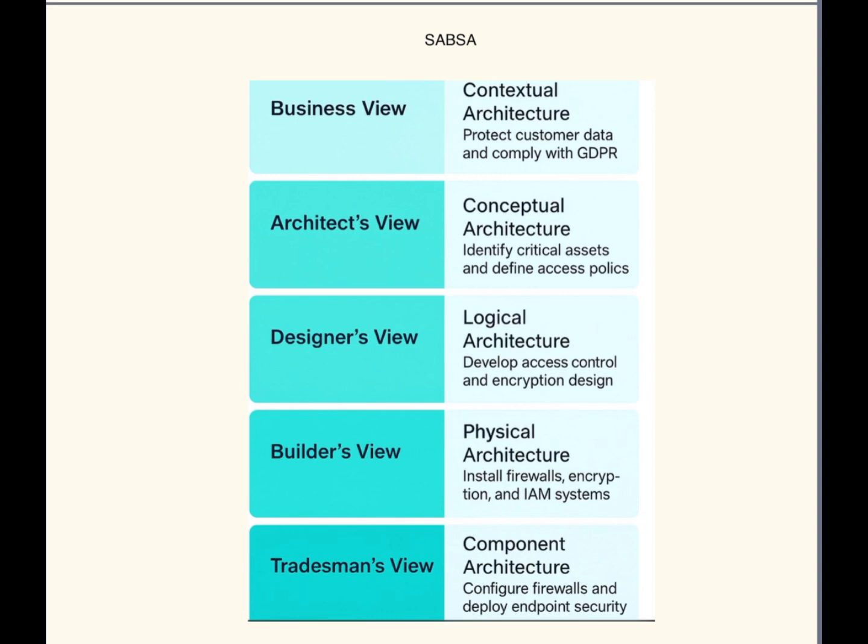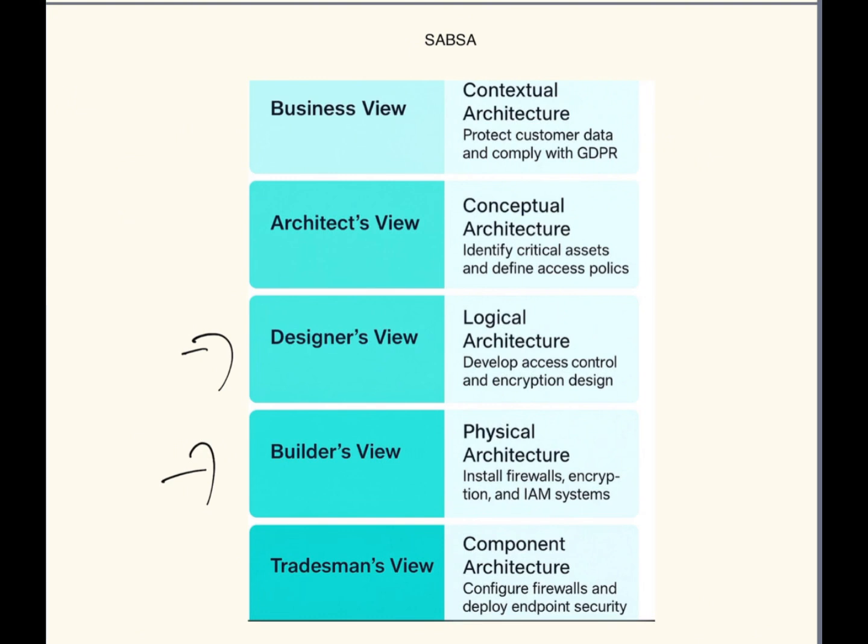Designer view is a logical architecture that designs security functions logically, creates access controls, models, encryption needs, and data flow design. So that is done on this level, the designer's view. Builder view, physical architecture.